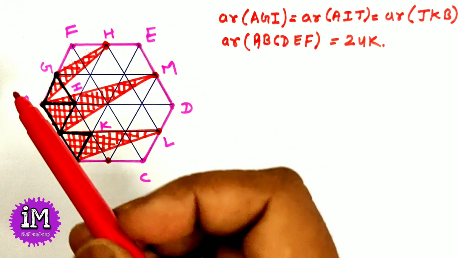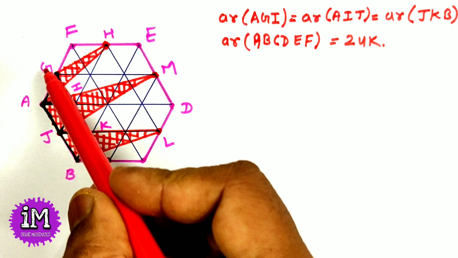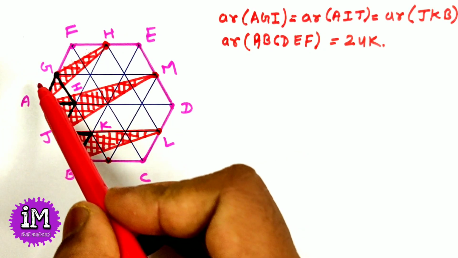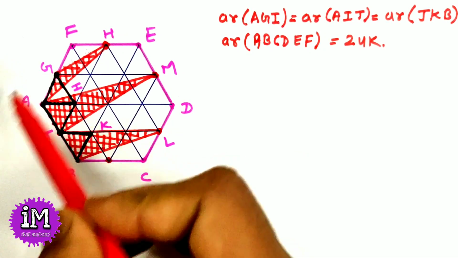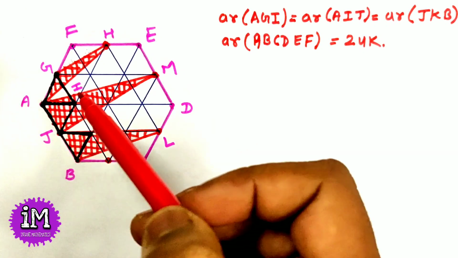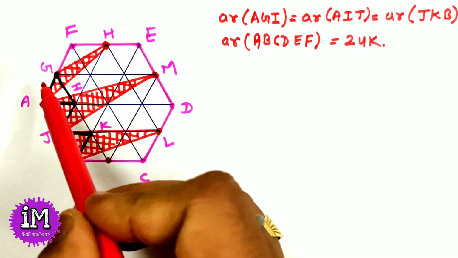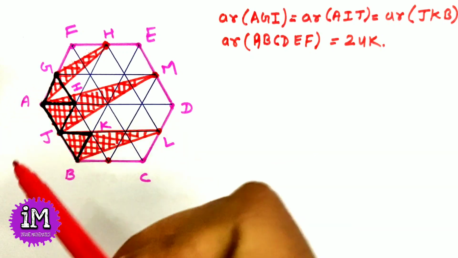Now we can see triangle GAI and triangle GAH share the same base AG, and both triangles are in between the same parallel lines.